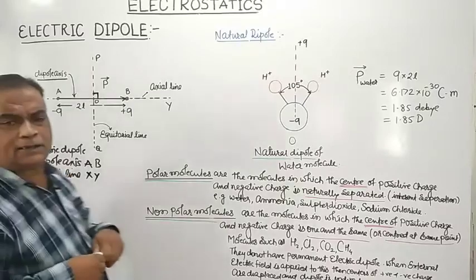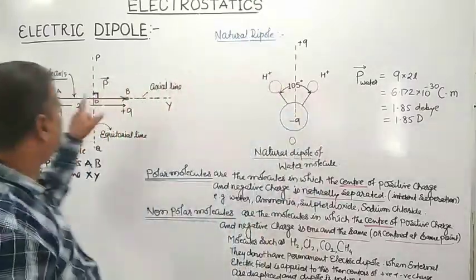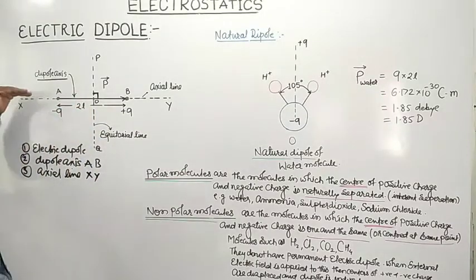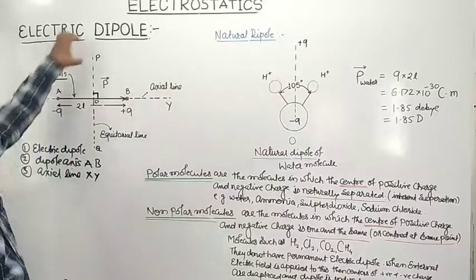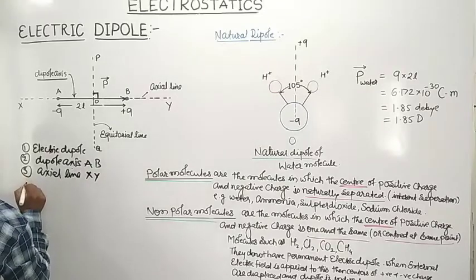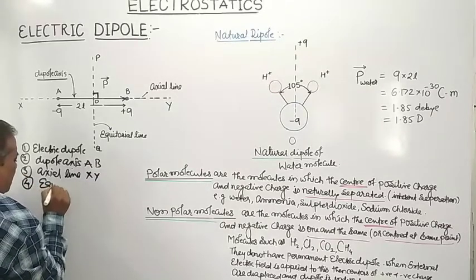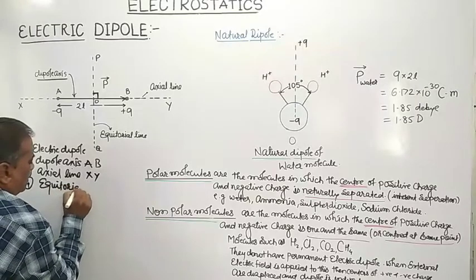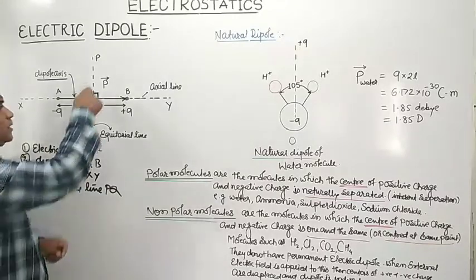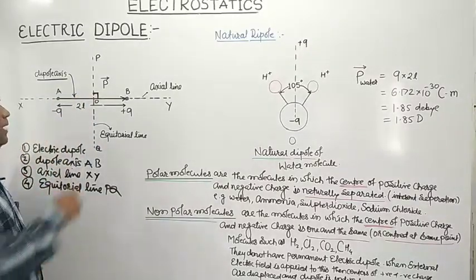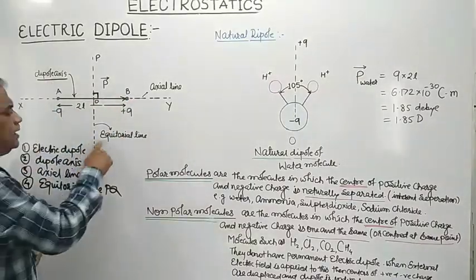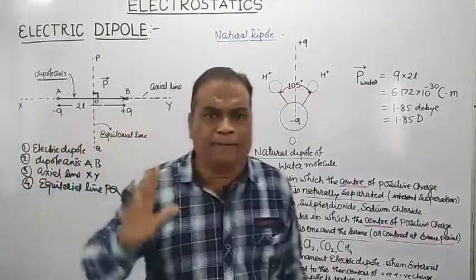So a line which passes through the center of the dipole and is perpendicular to the axial line is called the equatorial line.